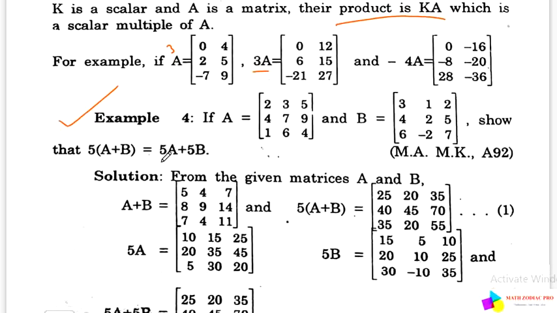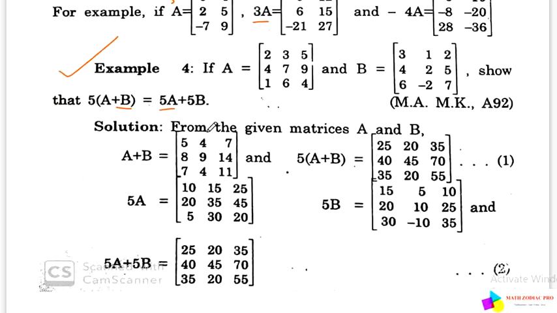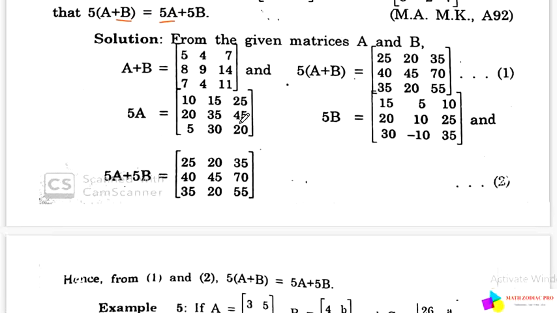So we have to show this, the same as usual, 5A and 5B also. First find A plus B and multiply by 5. Then show that 5(A plus B) equal to 5A plus 5B. You just do it. This one is also simple.